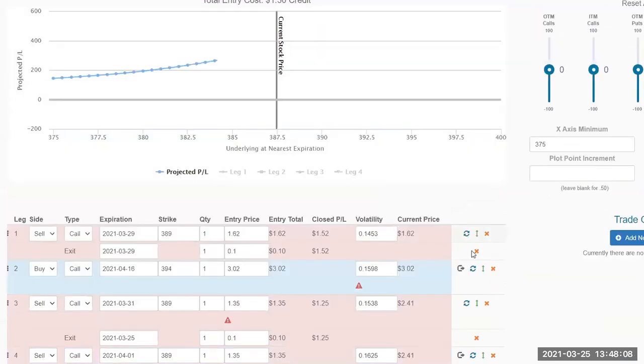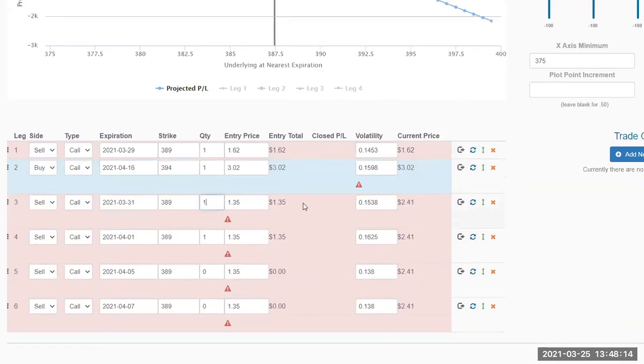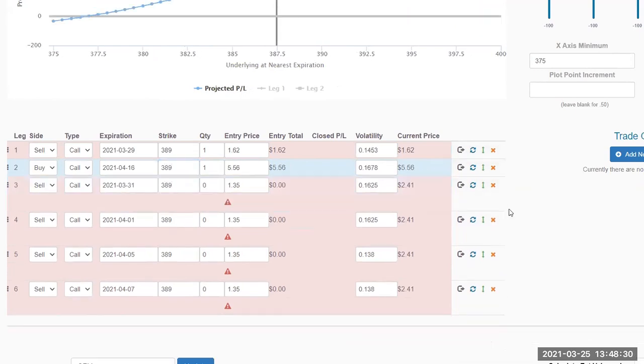All right, so I'm going to exit that, exit this, and I'm going to change the strike. So we're going to actually just do a longer term calendar, which is going to be quite the debit here.